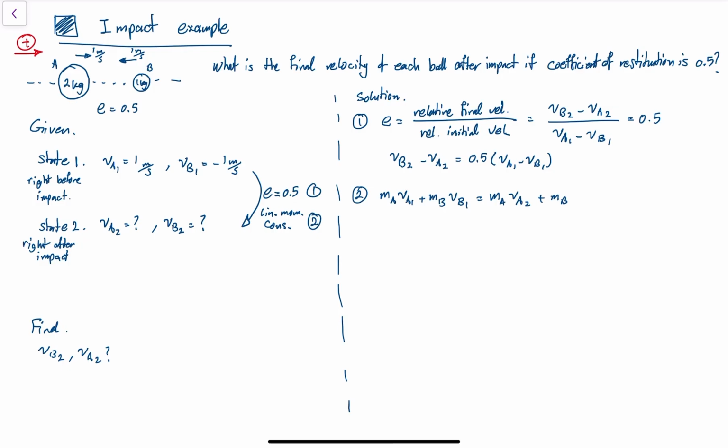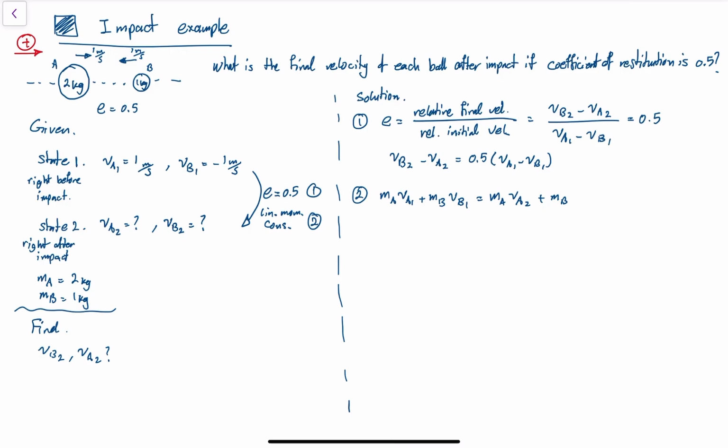Oh, I didn't write this. Let me write it down for completeness. MA equals 2, MB equals 1. If the information is not there, how are you going to use it in your solution? So information must be there.